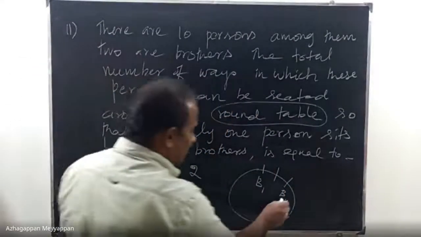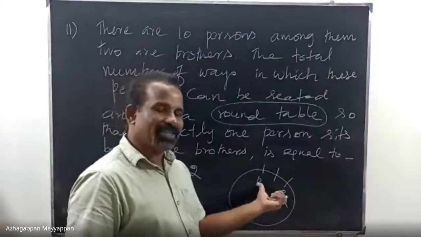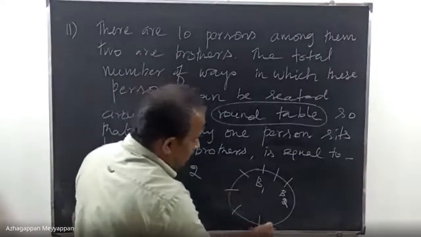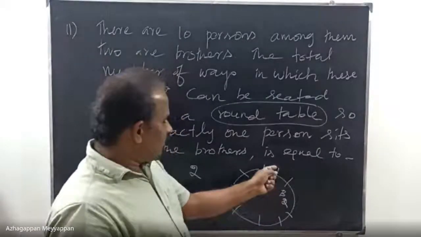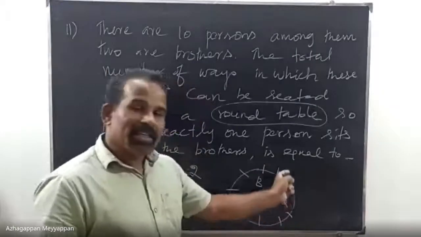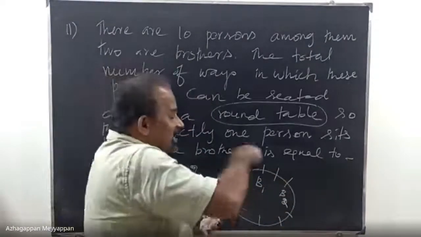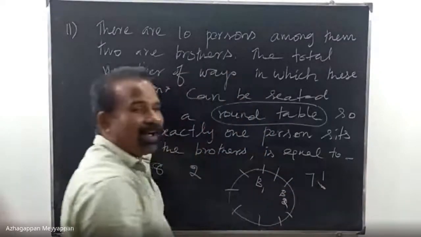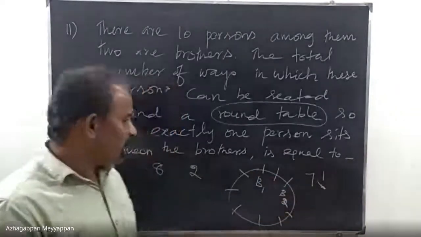So therefore I can fix brother 1 and brother 2. Then here the 8 persons can be seated. So 8 persons can sit in a round table in 7 factorial ways, because of the formula n minus 1 factorial.